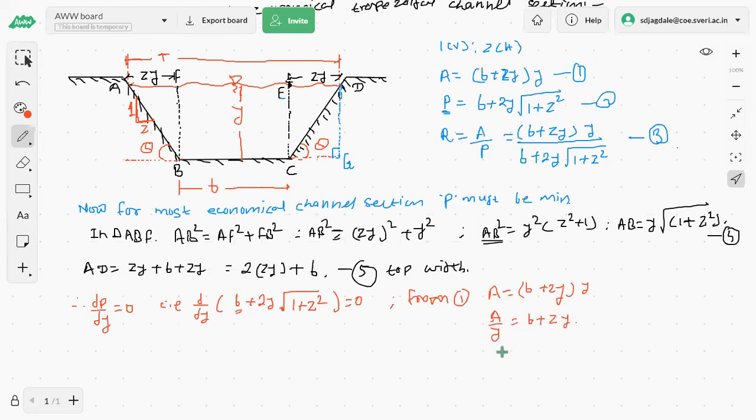That is B is equal to A upon y minus zy. Is it correct? Yes, sir. Okay. Now put that value in our equation for the differentiation.